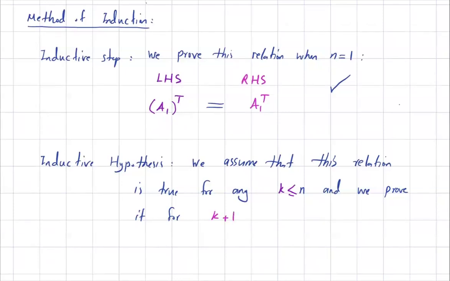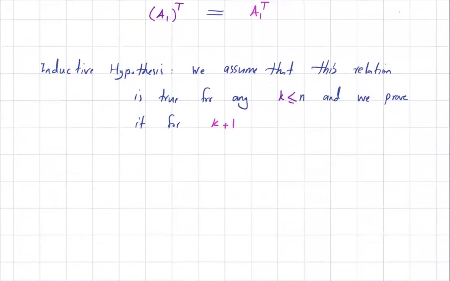So one by one, we try to see how we can analyze this relation. What do we mean by saying that it is true for k less than or equal to n?